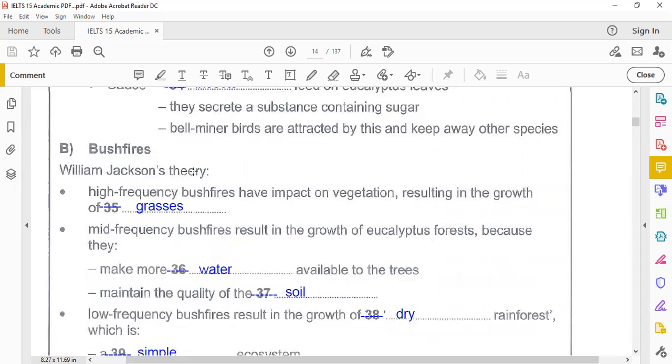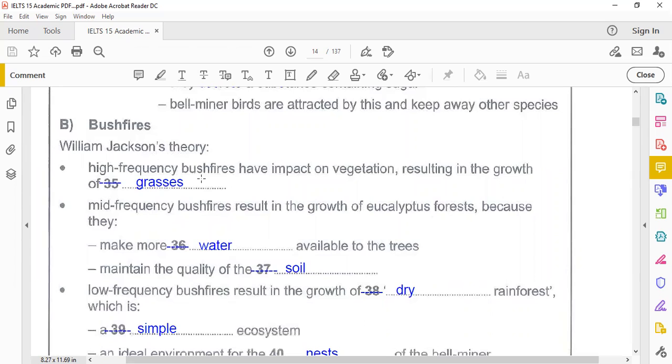B. Bushfires. William Jackson's theory. High frequency bushfires, that means more occurring of bushfires, have impact on vegetation, resulting in the growth of grasses. Again, mid-frequency bushfires result in the growth of eucalyptus forests because they make more water available to the trees.